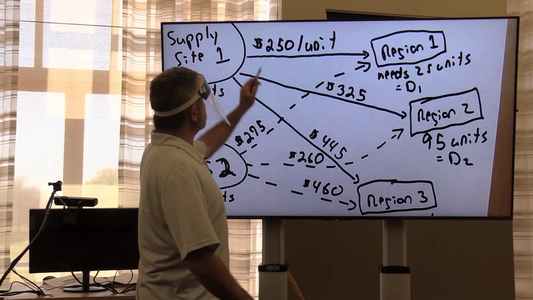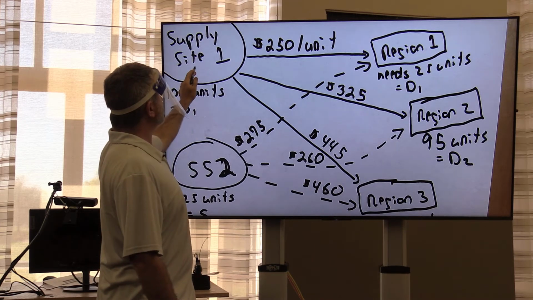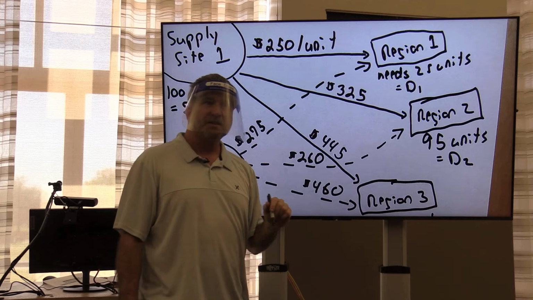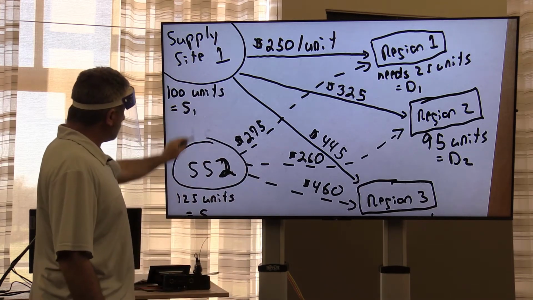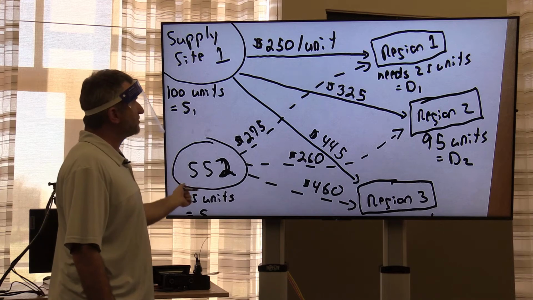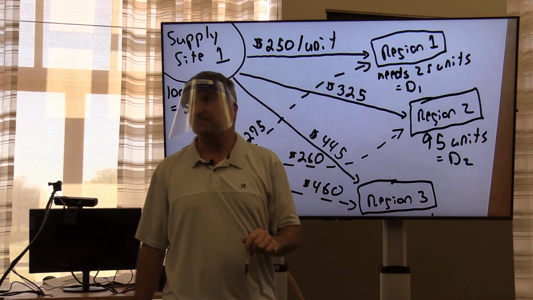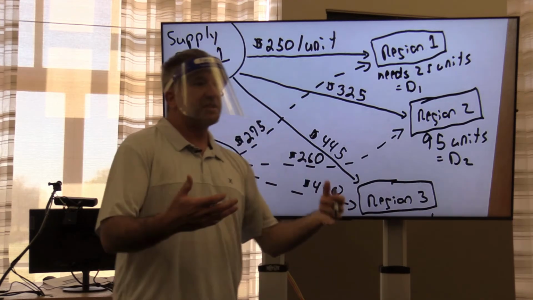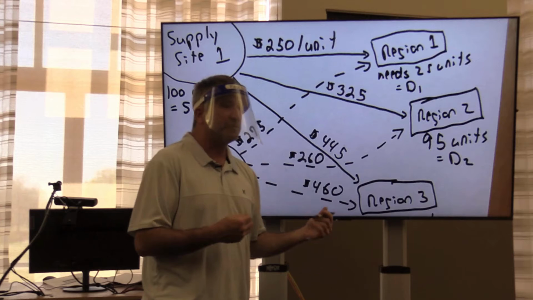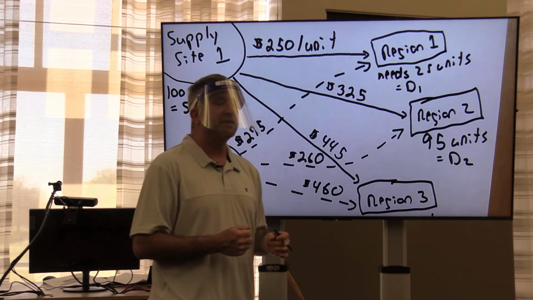So if this number 250, we're talking about going from supply site 1 to region 1. We've got one subscript here, so supply site 1 is supply site 2. There's 3 different regions, region 1, region 2, region 3. Whereas in the MPS optimization we did, we had C subscript I because there was a per unit cost per month.